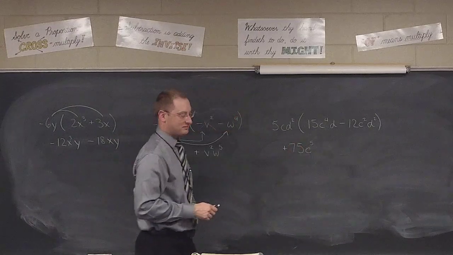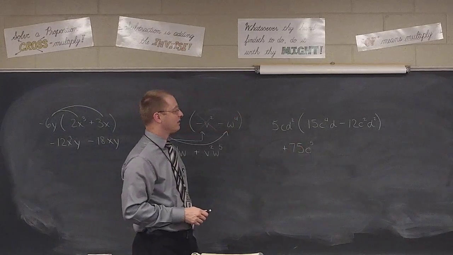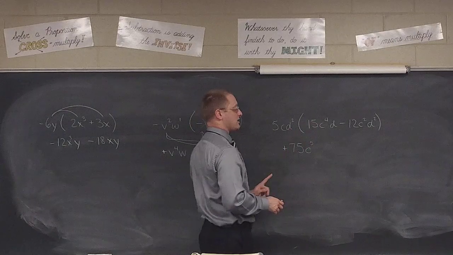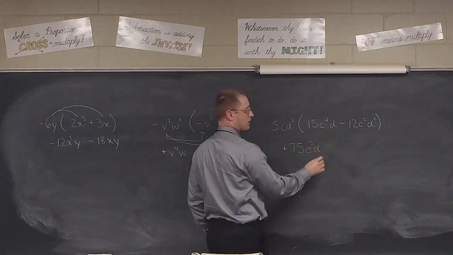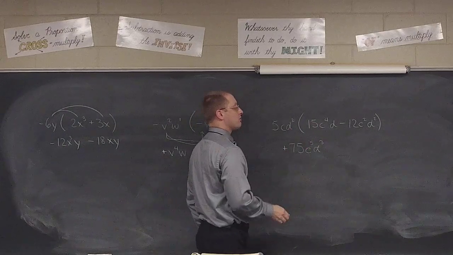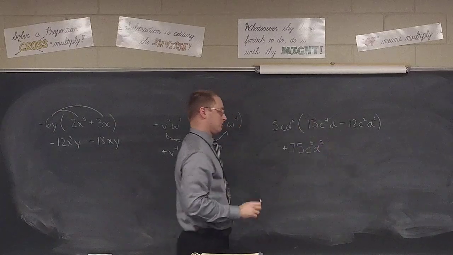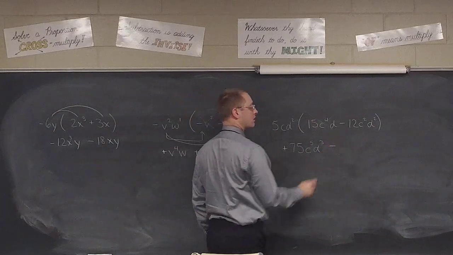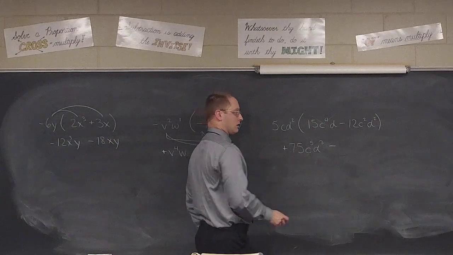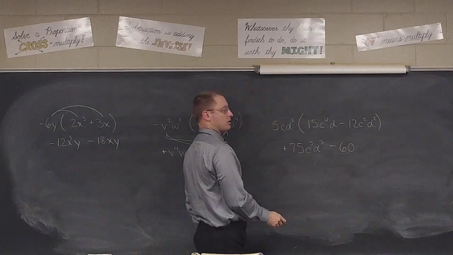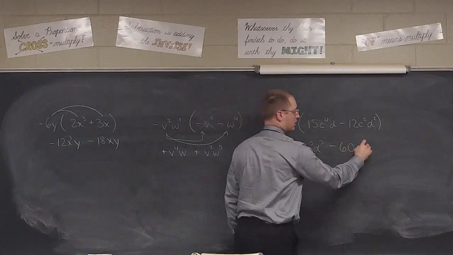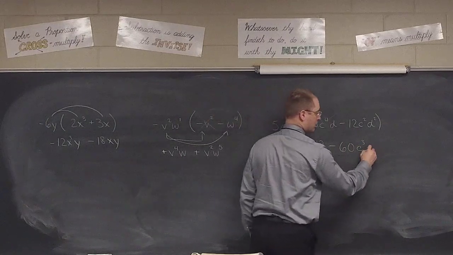Oh, I put 120. So then C to the 5th and D cubed. All right. And we're then done with that, remember. Yeah, sign is negative. 60 C cubed D to the 4th.